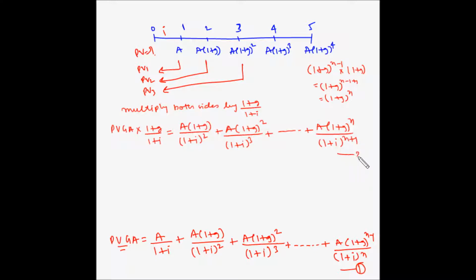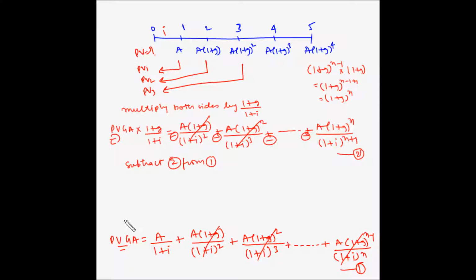Let's say this is 2. Now let's subtract 2 from 1. So we'll subtract this from this. So this will have negative signs. So this will get cancelled with this. This will get cancelled with this. And this will get cancelled with the term before this.